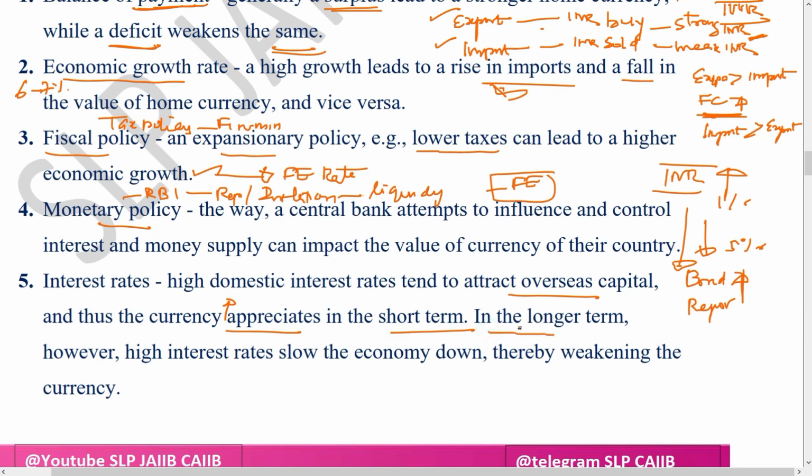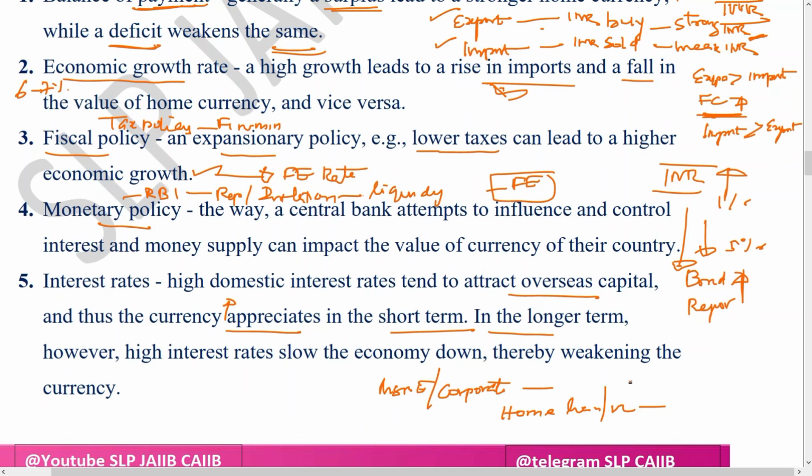In the long term, what will happen? A higher interest rate slows the economy. For example, with a higher interest rate, MSMEs and corporates will not invest, since they will not take loans. Individuals like us will not take home loans, vehicle loans, anything, since the interest rate is very high.